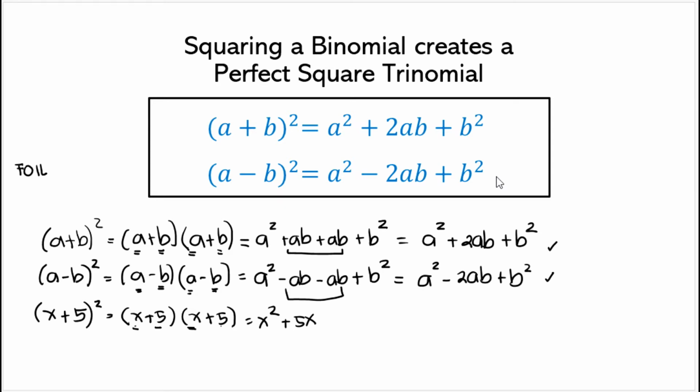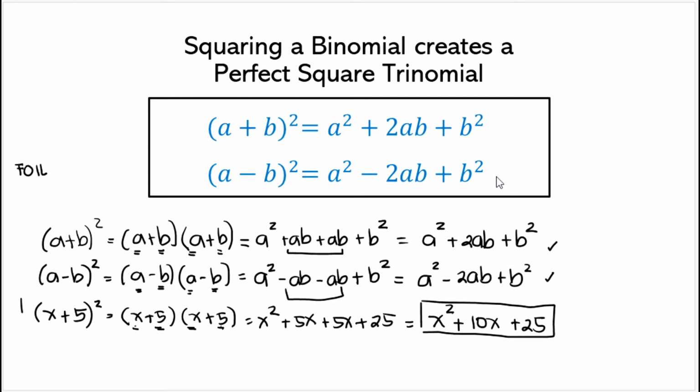Another 5 times x is also 5x. And then last terms, we have 5 times 5, which will give us 25. And when we simplify, we have x squared plus 10x plus 25.